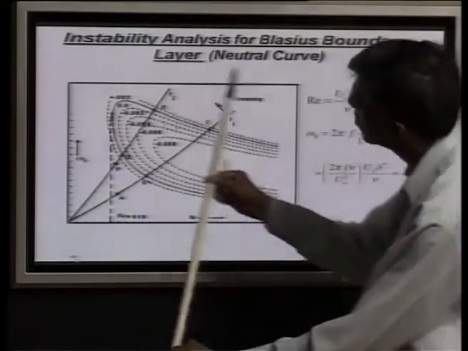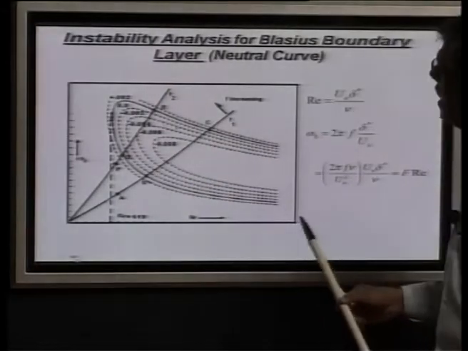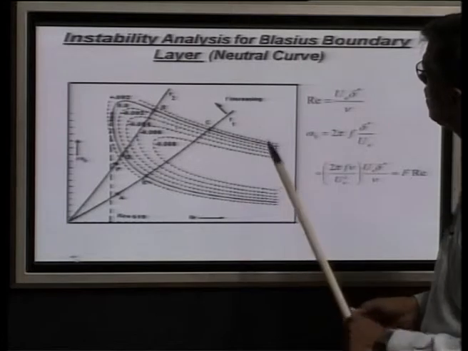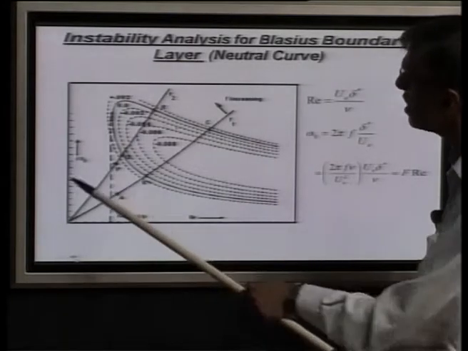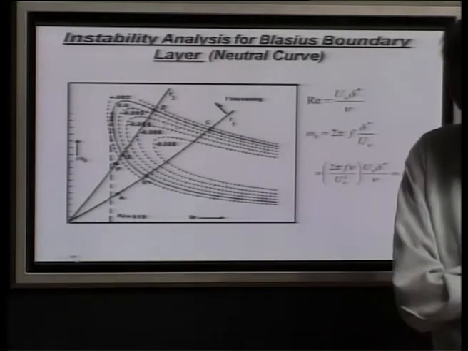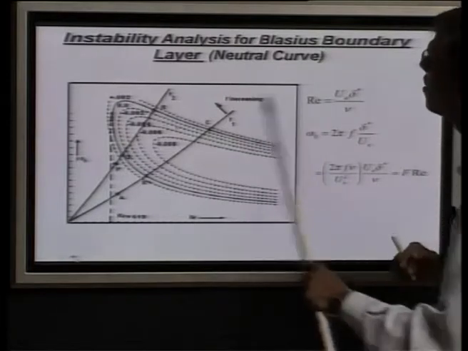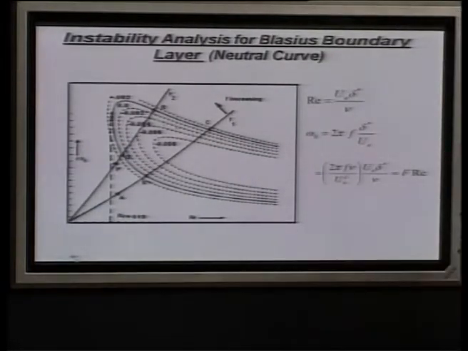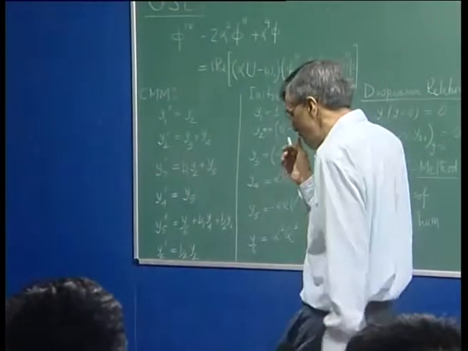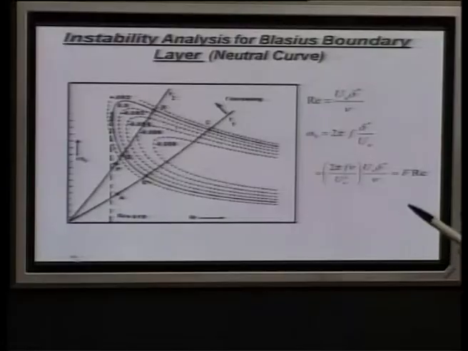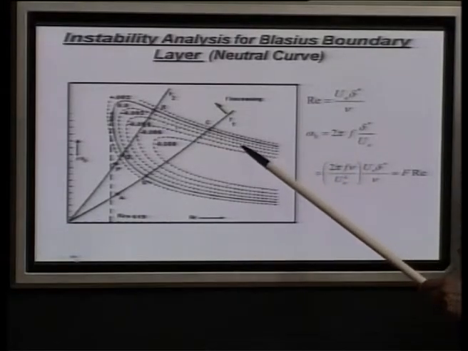And when we go this way, for each of these combinations we can find out the alpha or alpha I value. So, in this whole domain I have a map of what the values of alpha and alpha I are going to be.